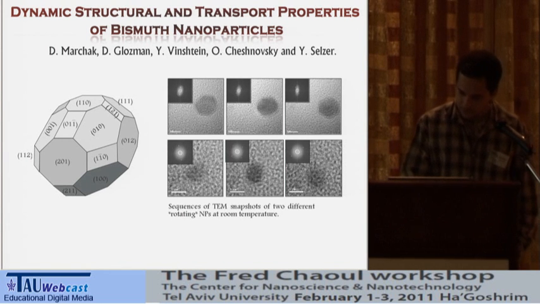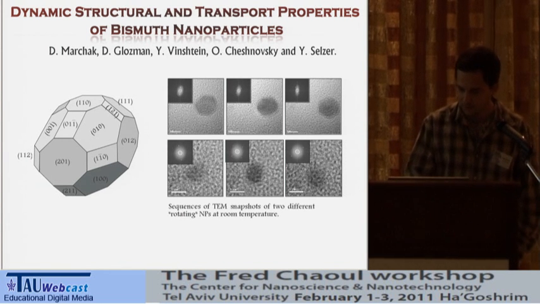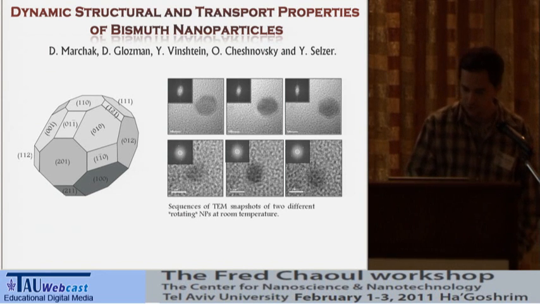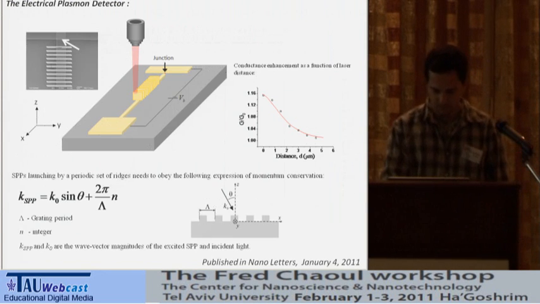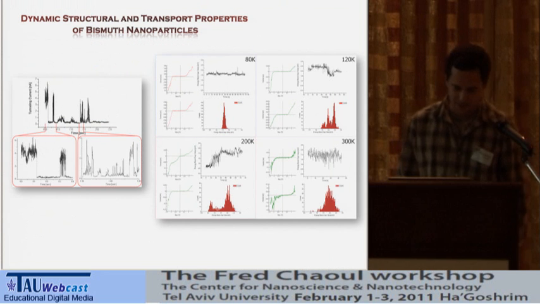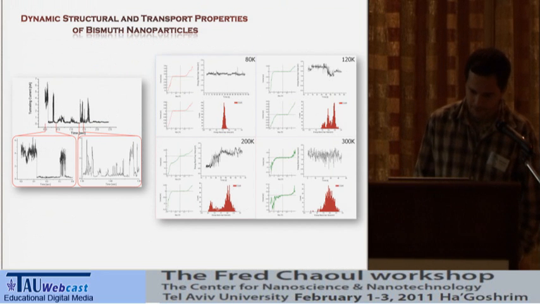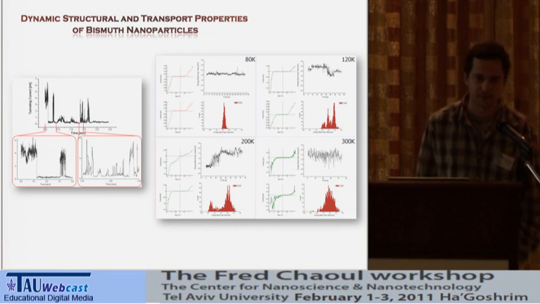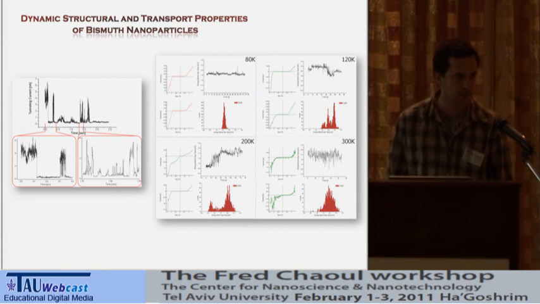This is very interesting, and we think we have some explanation now. So we decided to check the electric transport and electrical properties of the particles under the STM system in our lab.